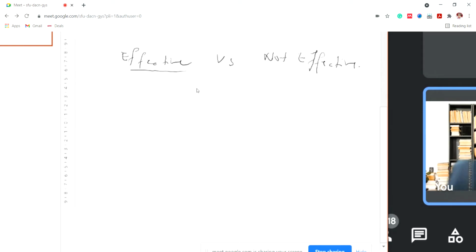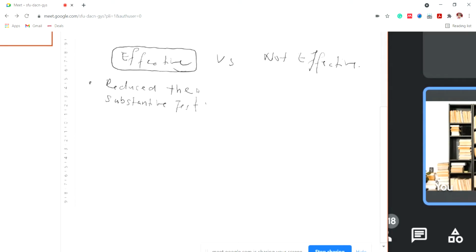When the system is effective, it can reduce the substantive test. So this is your extent of audit procedure.